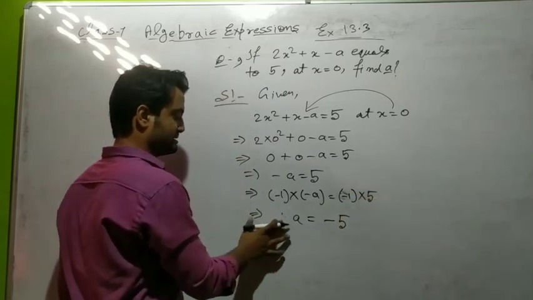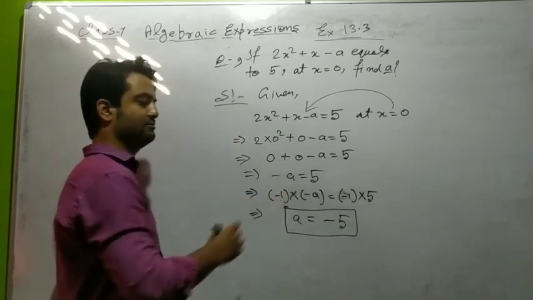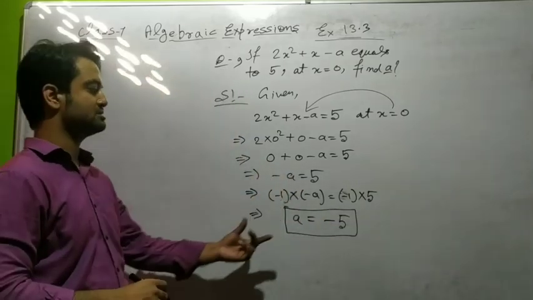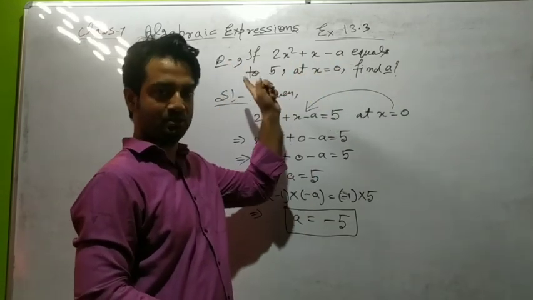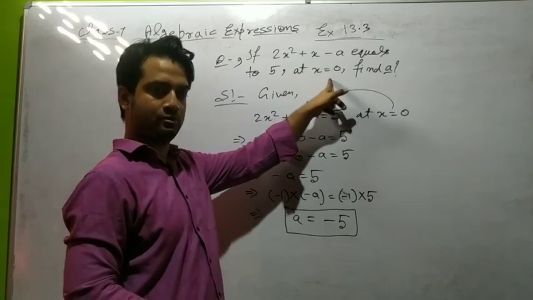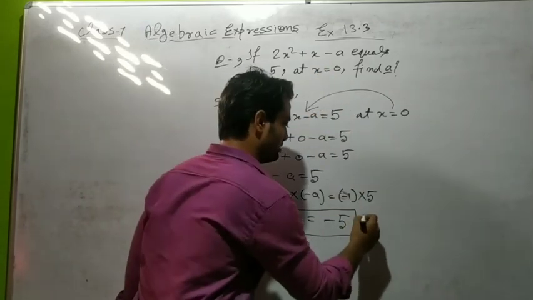Since plus is not necessary to write, we get the value of a as minus 5. Okay, so this is our answer. If 2x square plus x minus a equals 5 at x equals 0, then the value of a will be minus 5.